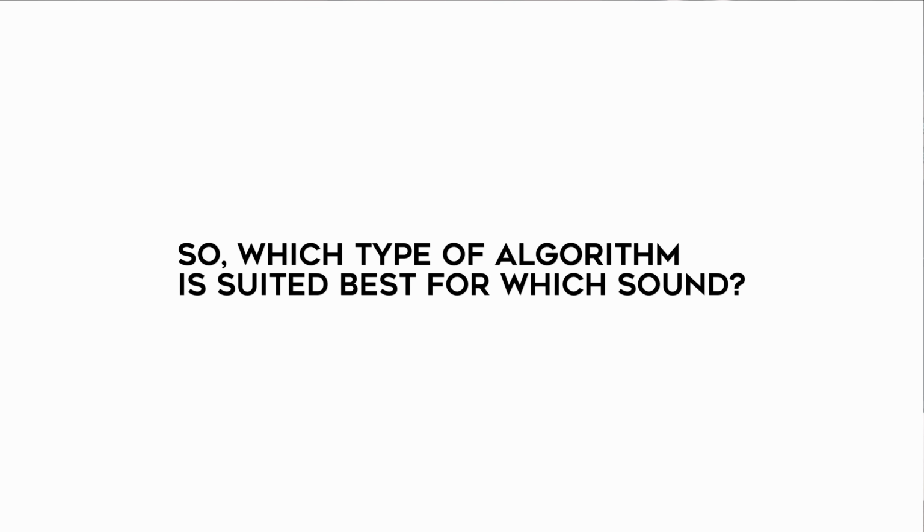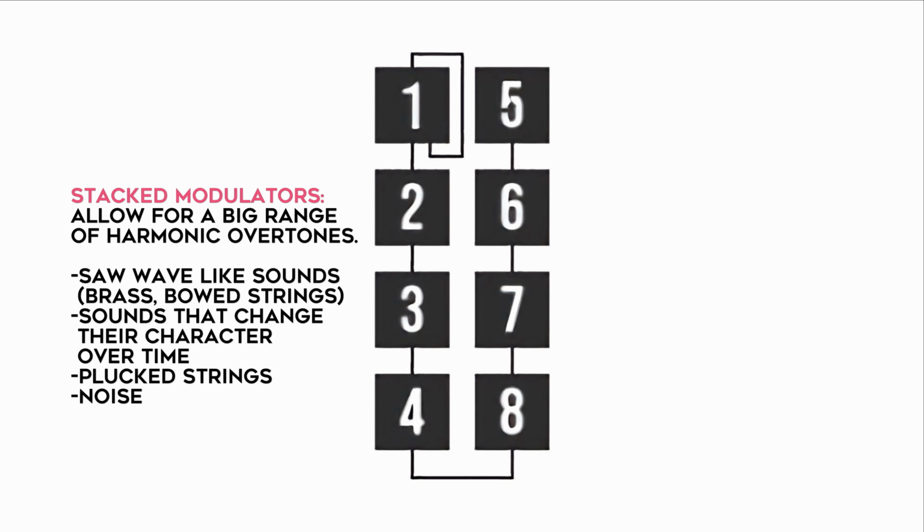Knowing this, we can now choose an algorithm suitable for the sound we're trying to create here. A big stack of modulators will allow for sounds rich in overtones like noises, bells, strings and reed sounds.